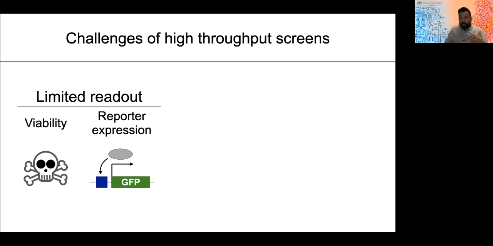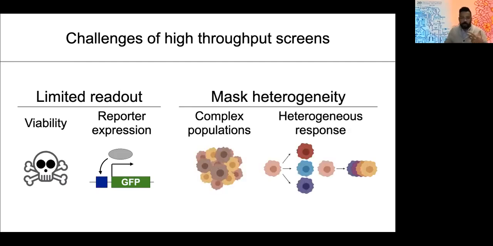Now, in addition, the majority of these techniques are what are called bulk measurements. And these bulk measurements, where you get one measurement over many cells, can mask heterogeneity that might be present between cells, so in a complex population, for example, in a tumor, or instances where even a seemingly homogeneous group of cells, upon exposure, gives rise to multiple cell states.